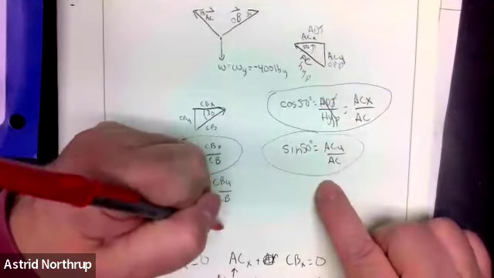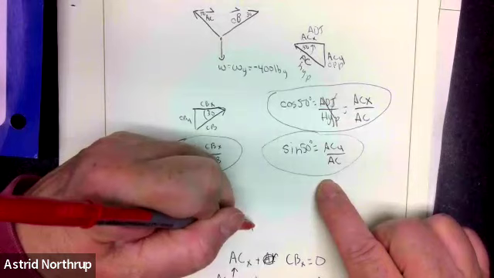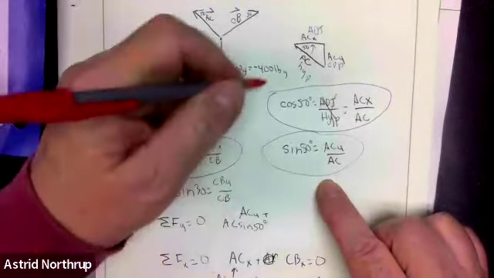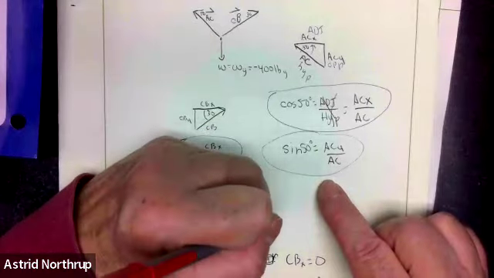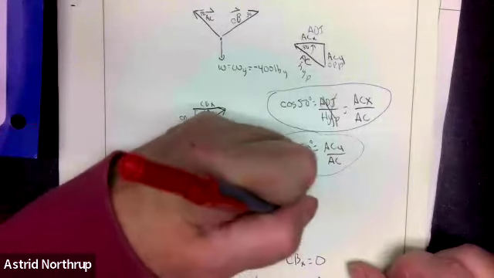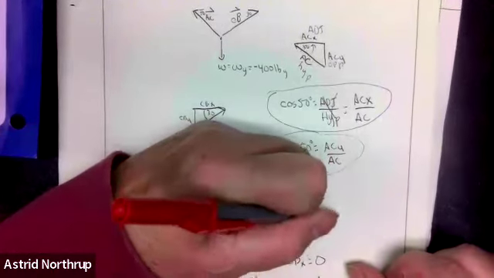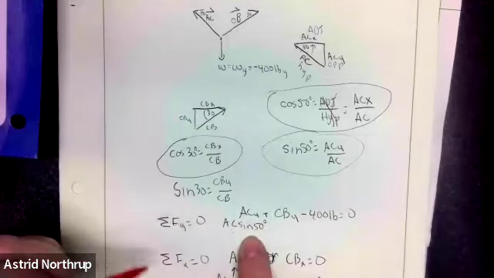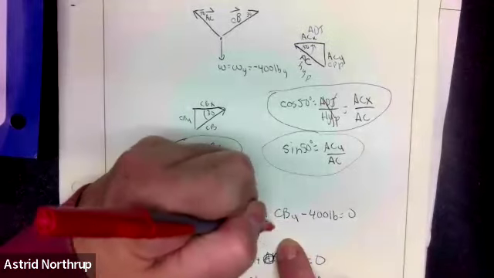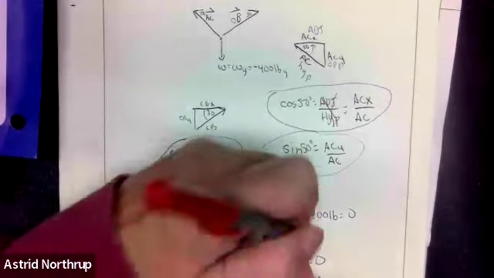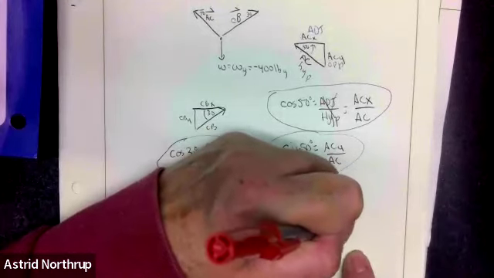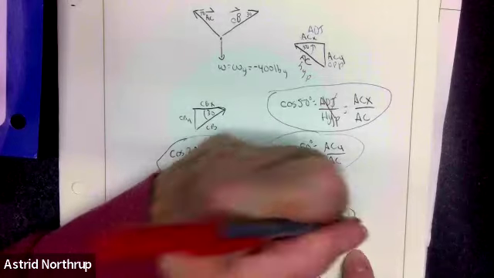So here I can see AC times the sine of 50, because that's ACY, plus CB in the y direction, minus 400 pounds equals 0. So this is AC in the y direction. Using this, I can say plus CB times the sine of 30 degrees minus 400 pounds equals 0.